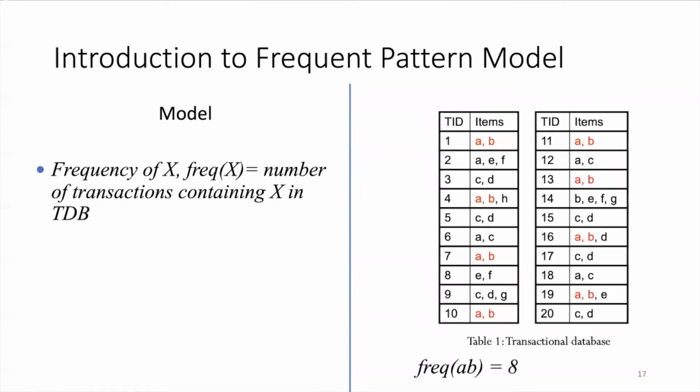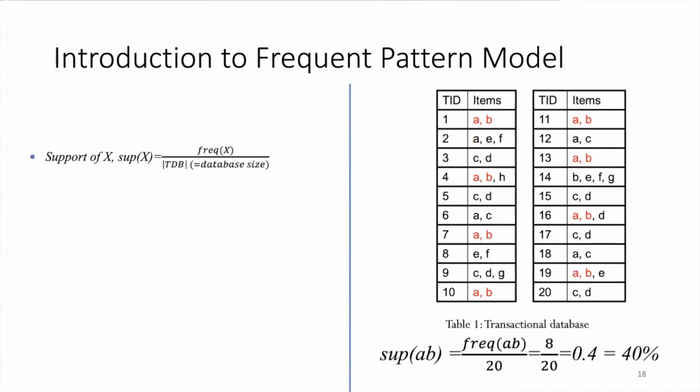Next, once we know the pattern, we simply measure its frequency. That is, the number of times a pattern has appeared in the database. So frequency of AB here is 8 times. It means in the entire database, the pattern AB has appeared 8 times. Now, when we have the frequency, we calculate its support.